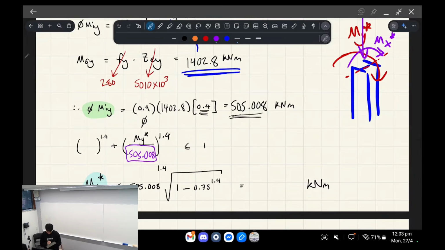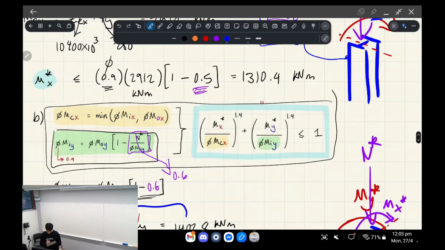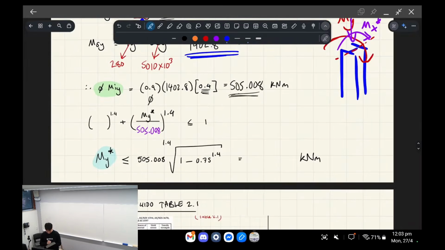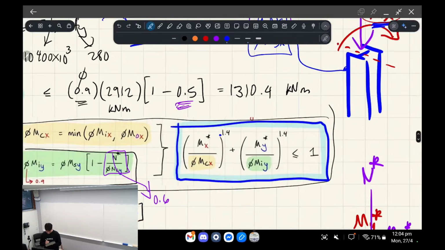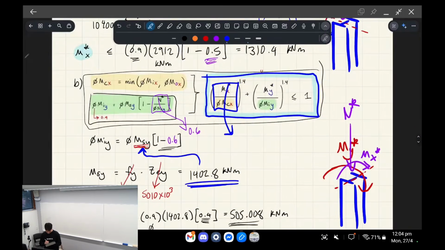All right, so now with that value, we can plug that in the bottom of this fraction. Where I got this equation from is this one. So this is the biaxial bending formula. We can basically work out My, which is what we're looking for, because My is on the top of this fraction. Its capacity we've put here. And we were actually told in the question that this ratio was 0.75.